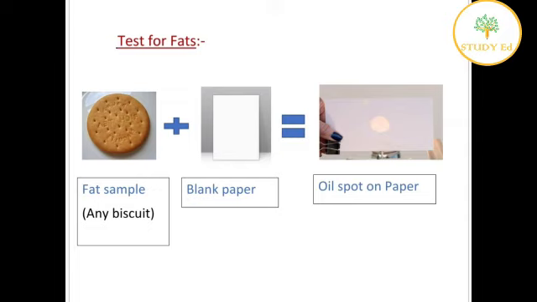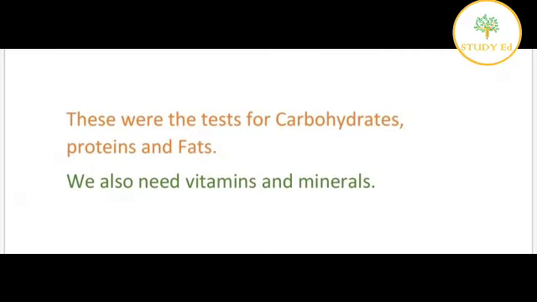What do we see? We see an oily patch on the paper. That oily patch we can notice under light, and what does it indicate? It indicates that the food item contains fats. So this was the test for carbohydrates, proteins and fats.